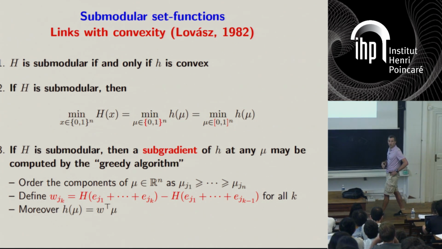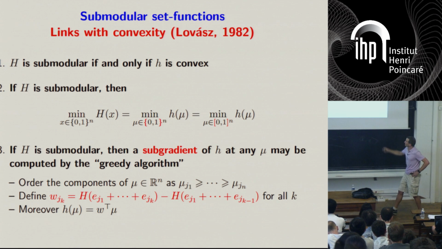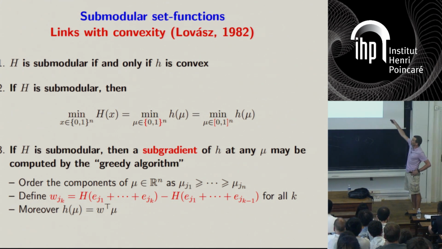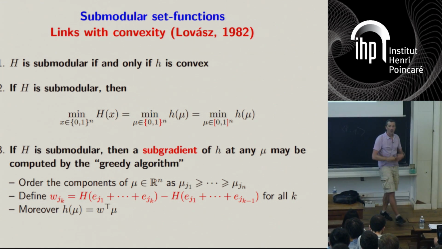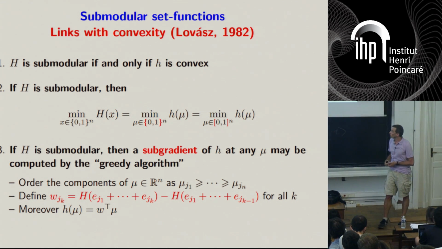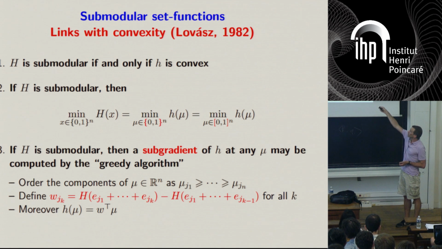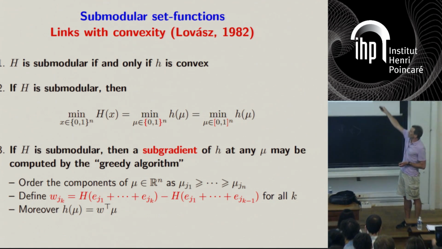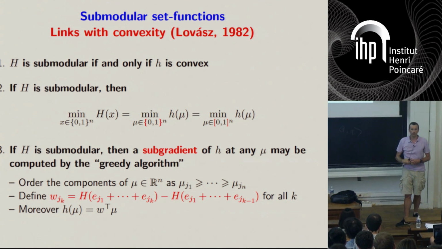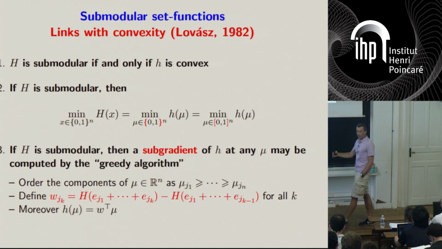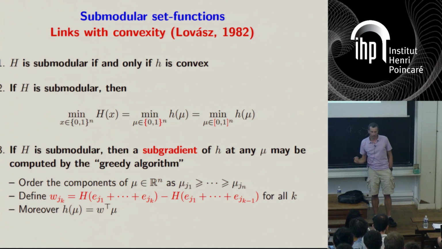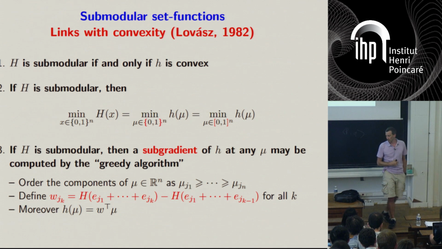And now what you obtain is the minimization of a convex function, h, when you're submodular, over a convex set. So this is starting to look good because you have convex optimization, but you need a bit more. You need to know a bit about that convex set and convex function. That set is easy to project to, so this is very simple. But that function h, it may be convex, but it may be very hard to minimize because you have no access to a subgradient or anything like this.